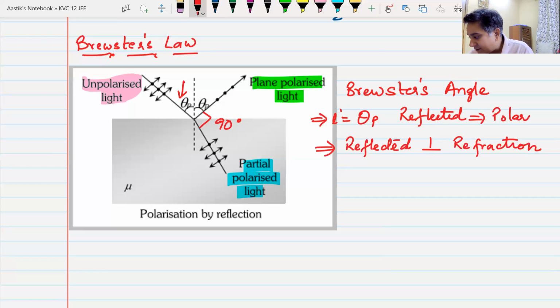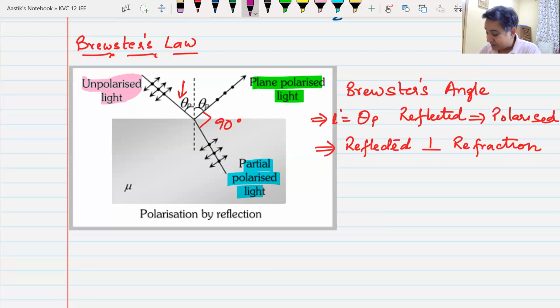And at the same time, the reflected light is perpendicular to the refracted light. So Brewster angle is that angle of incidence on a transparent medium for which the reflected light is completely plane polarized. And also the angle between the reflected and the refracted light is 90 degrees.